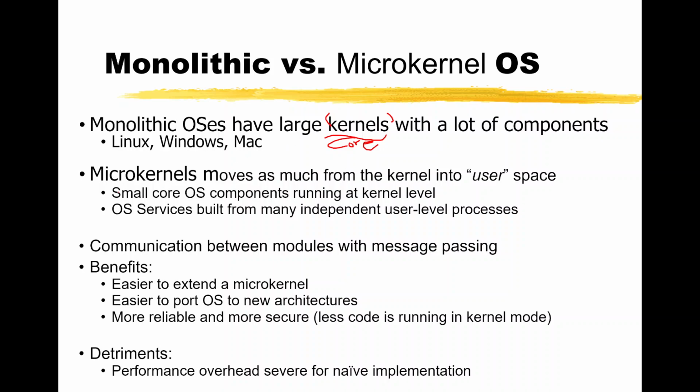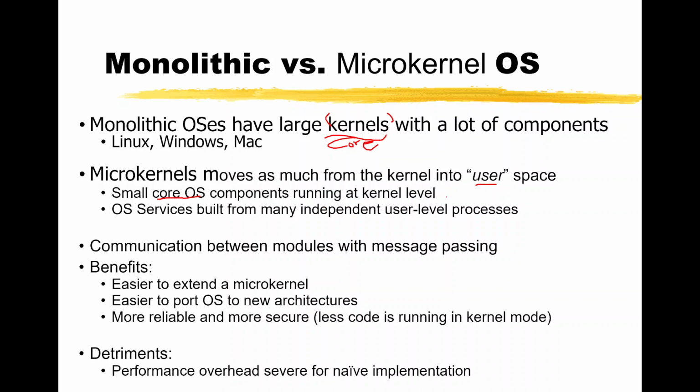Now, microkernels move as much as possible from the kernel into user space. You have a small core of operating system components running at kernel level, just a small core. The operating system services are built from many independent user level processes.